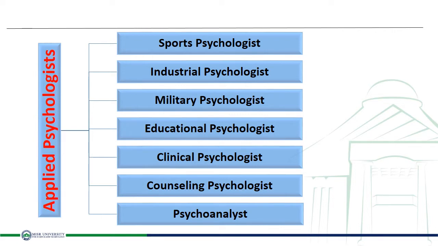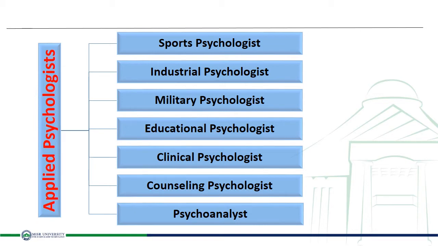Also, we said that we will cover 7 subtypes of applied psychologists. They are sports psychologists, industrial psychologists, military psychologists, educational psychologists, clinical psychologists, counseling psychologists, and psychoanalysts. Already we covered the first 4 subtypes: sports psychologist, industrial psychologist, military psychologist, educational psychologist.